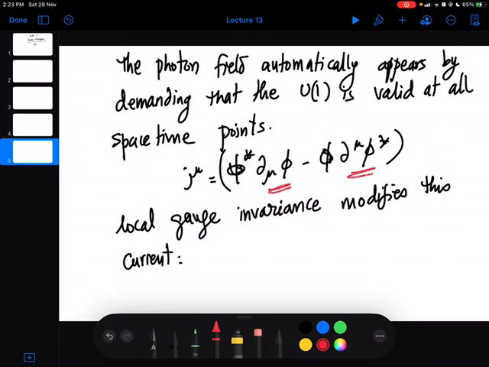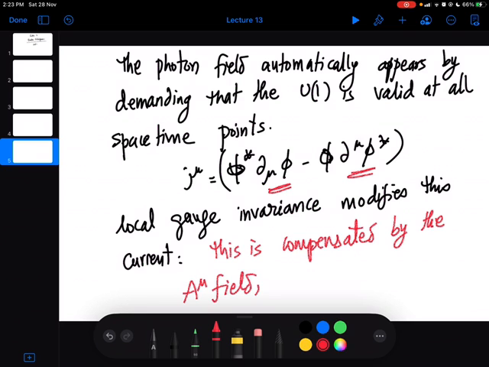So this gauge invariance is sort of conserved. What does gauge invariance mean in terms of conserved quantities? And this is compensated by the A mu field, which also transforms accordingly.